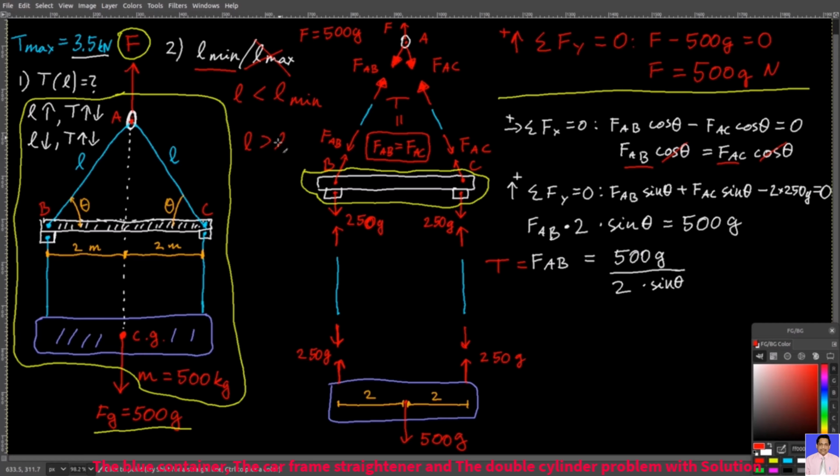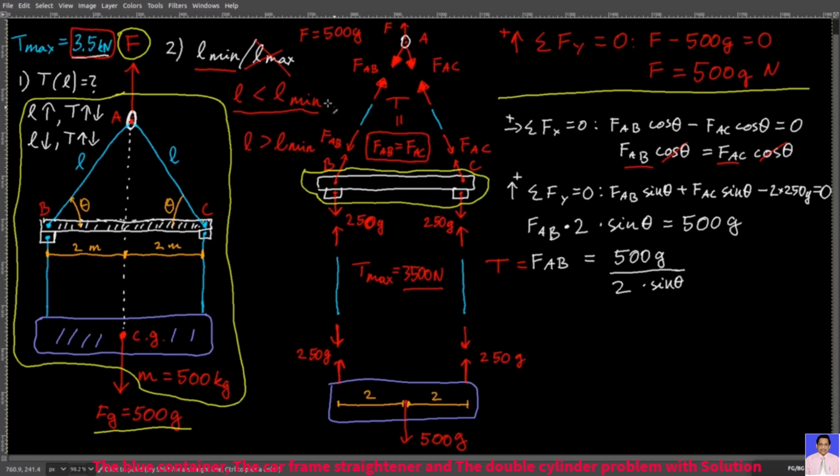We can have this situation where the length is greater than L min because then your tension force will be smaller, but in this case, your tension force will be greater and your cables might break. And so your L min happens at this force here, 3.5 kilonewtons, or in other words, T max equals 3,500 newtons.